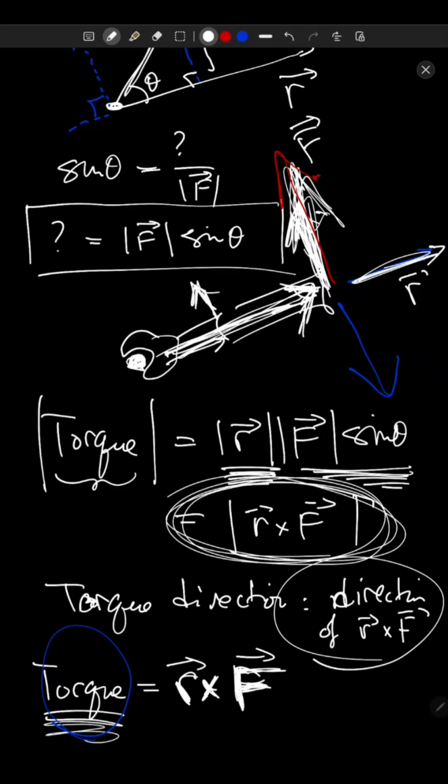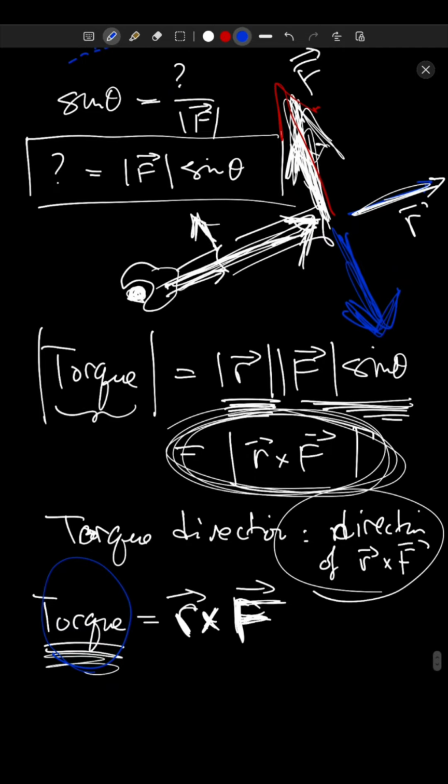And if I rotated the opposite direction, if this was my new f, then my torque would be into the screen. So this direction allows me to describe which direction I'm turning. So it's a very nice and complete description of rotational force.